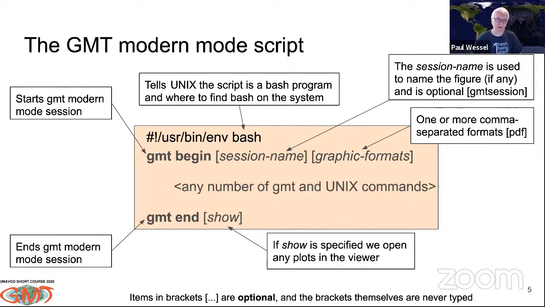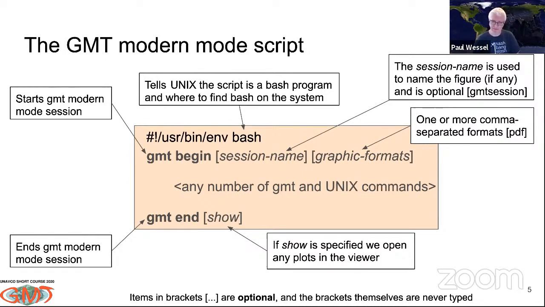Any GMT modern mode script starts with the command gmt begin, and it ends with gmt end. Both of those have some options. Anything in brackets, as you see here or in the man pages, means optional. And if you use them, you don't type the brackets, just what's inside the brackets. So you can specify the name of the session, often the file name or the plot name, and what kind of format you want to create.